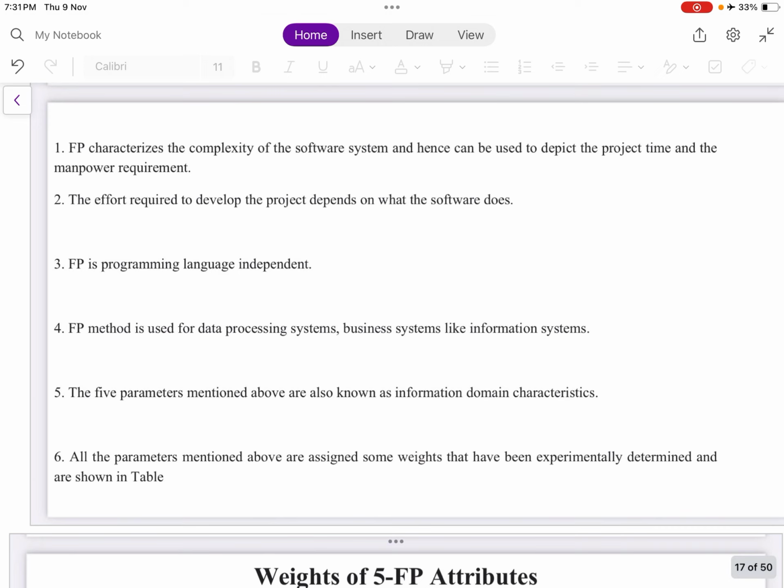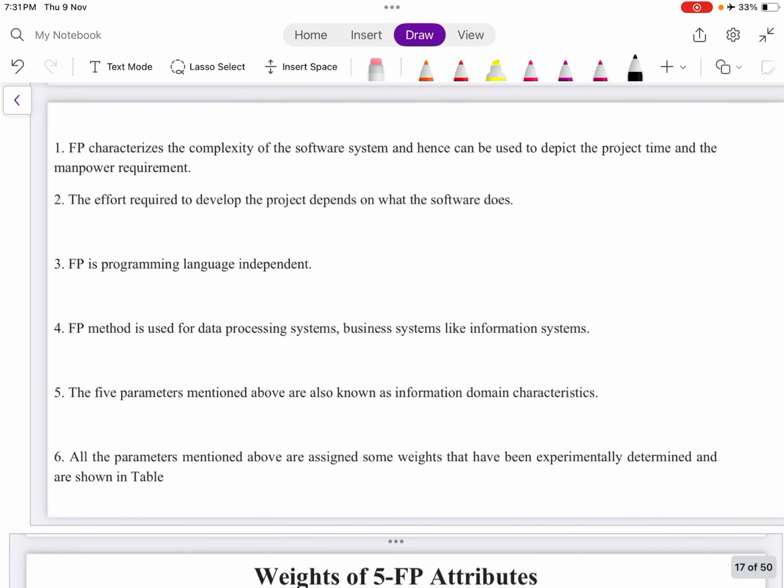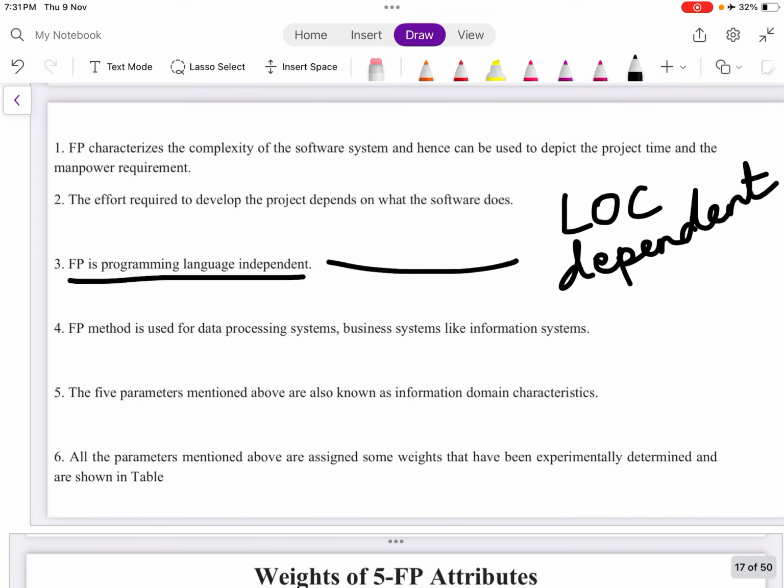FP is programming language independent. LOC, we saw, was dependent on the programming language, but FP is independent of the programming language. So this is a point of difference between LOC and FP. One is independent, one is dependent.